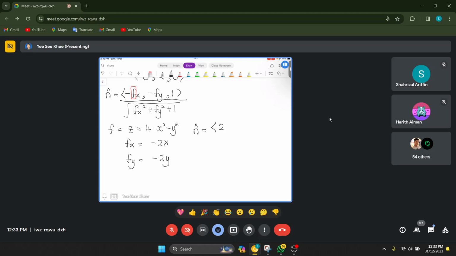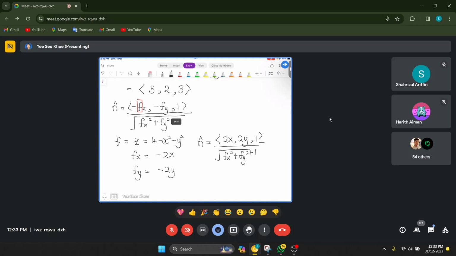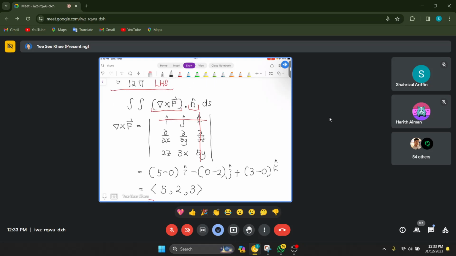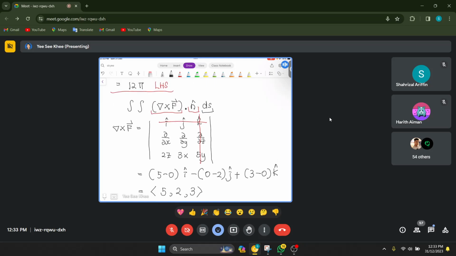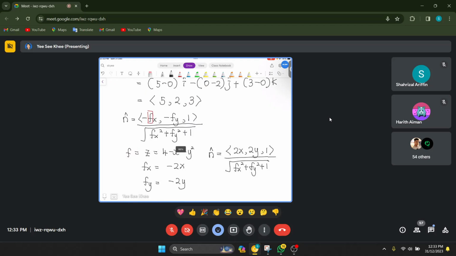So you have 2x, 2y, and 1. So we get the n. Now, combine with the dA and combine with the integral.